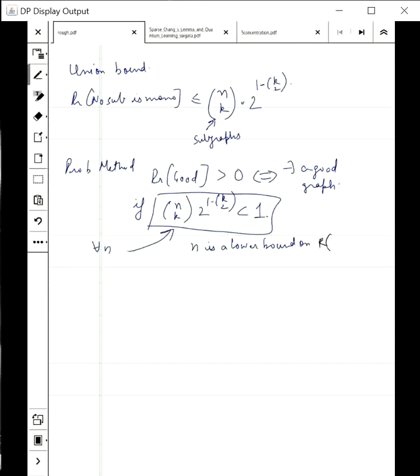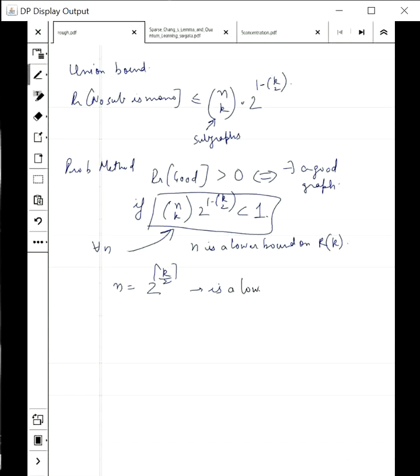You might want to focus on this point once more and make sure that you understand it. This is the crux of the probabilistic method. Since we were able to show that the probability of a good graph is greater than 0, that means if n satisfies this constraint, then it's a lower bound on Rk.